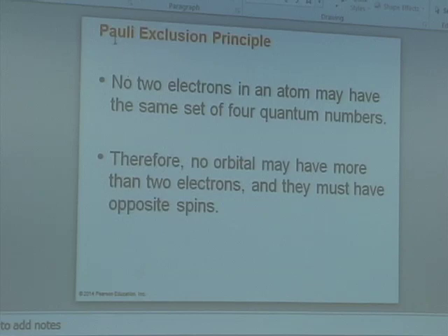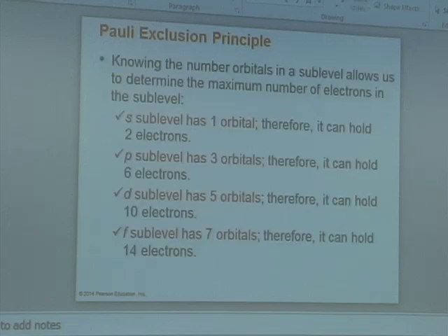So we have Pauli, who stated an exclusion principle where no two electrons can have the same four sets of quantum numbers, which we learned last time.